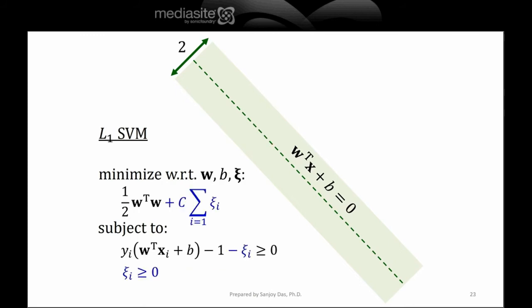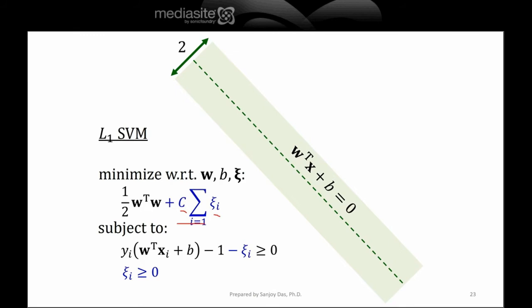This is the corresponding formulation for the L1 SVM. I have highlighted the extra terms in blue. Since we also have errors to minimize, I have this term, and C is a constant times the summation of zeta I, which I also have to minimize.